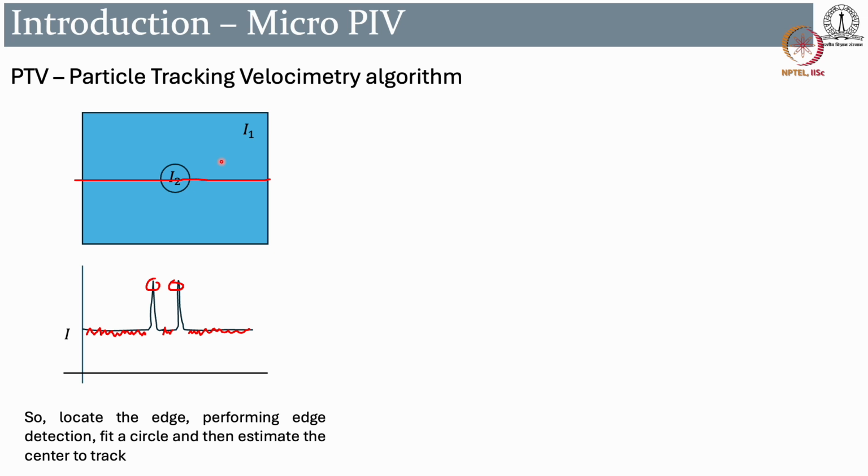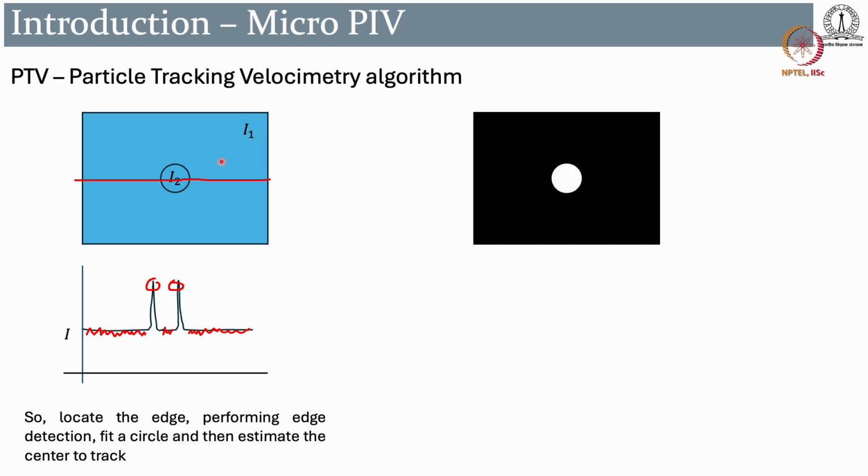You don't get it often. So normally we deal with systems like fluorescent imaging, where the particles are very bright and outside you get a dark field. For this case, if you again draw a line like this, the intensity profile looks something like this. It's very smooth, and you can use a Gaussian fit.